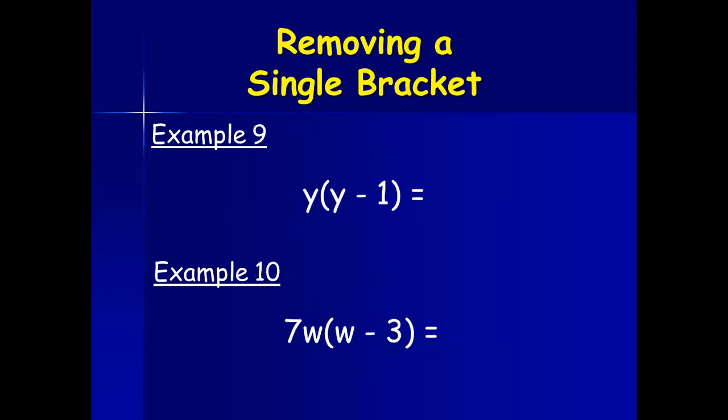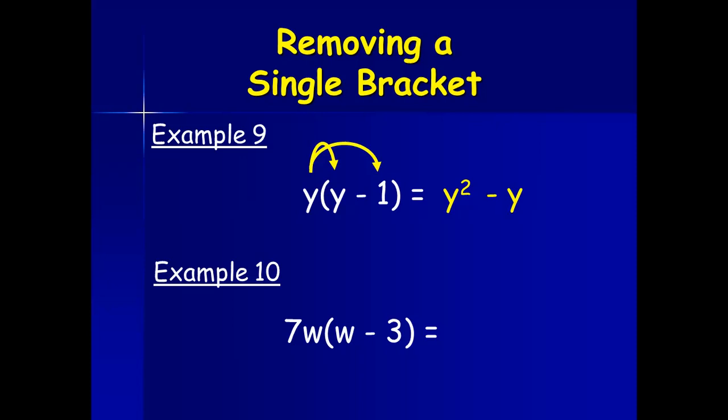Okay, example number 9. y multiply by y minus 1. Again, y multiply y, that is y squared. y multiply negative 1, that's negative 1y, which I don't write the negative 1, I just write it as negative y.